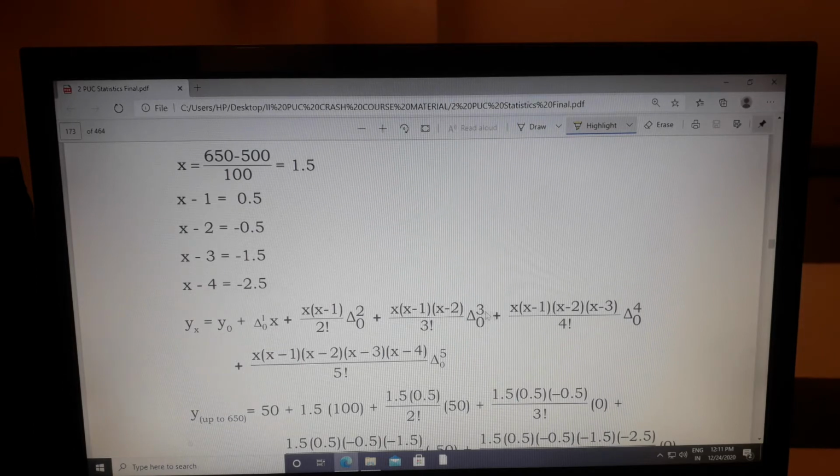Anyhow, this delta 3 in the leading difference table at origin is 0, so the whole term multiplied by 0 becomes 0. So delta 3 can directly be written as 0, and delta 5 also can be written as 0.